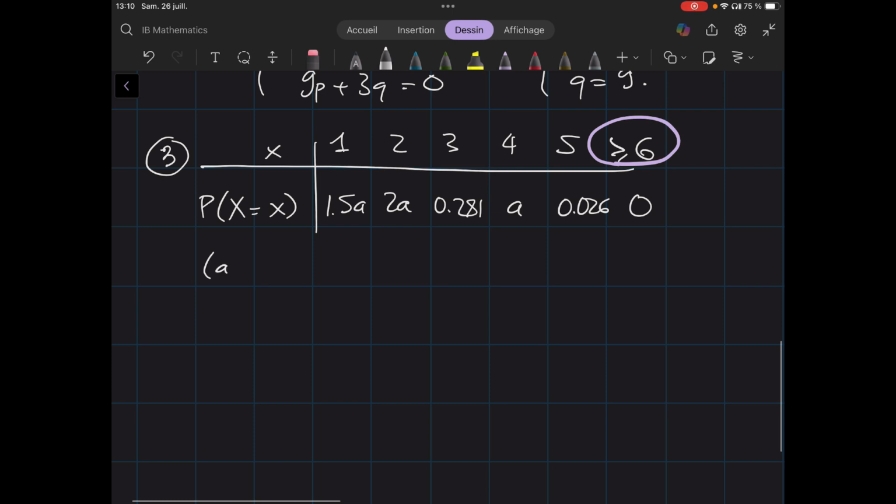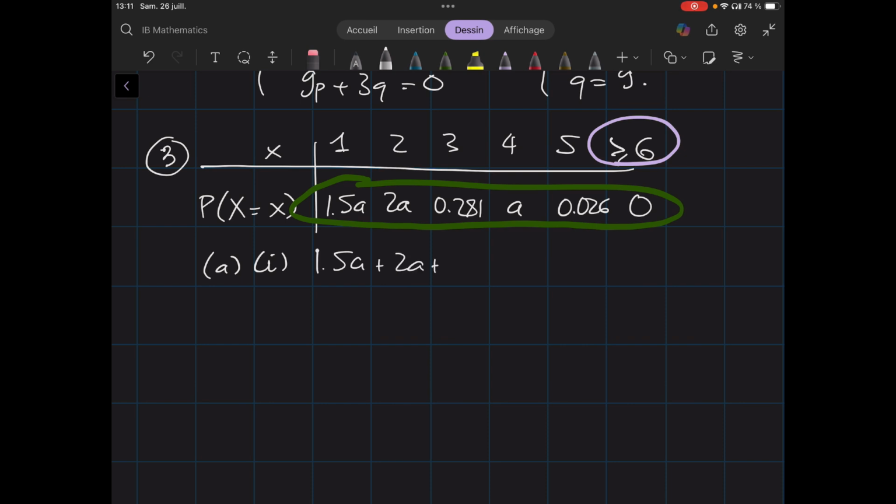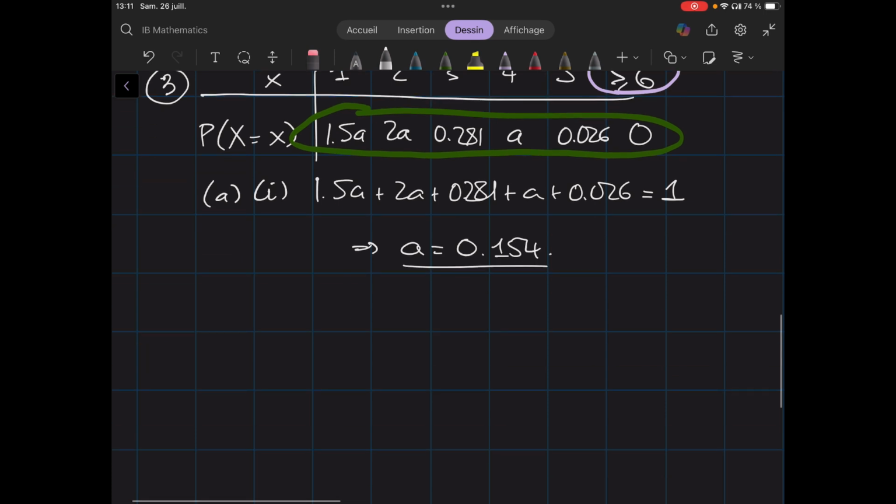Part A. Find the value of A. Okay, so recall that the sum of all of the probabilities has to be equal to 1. And you will find A to be equal to 0.154.